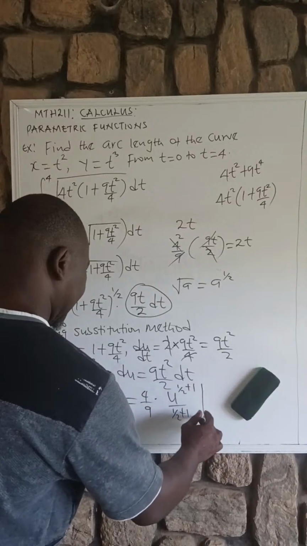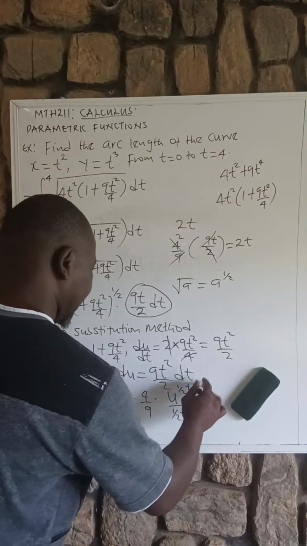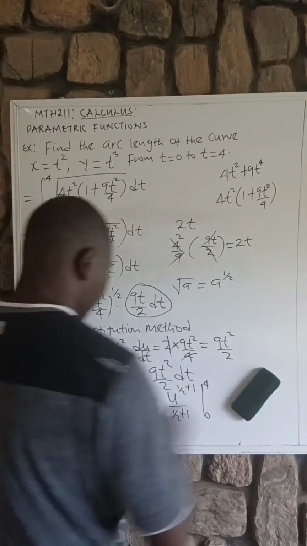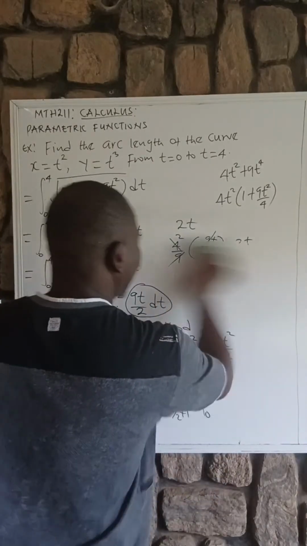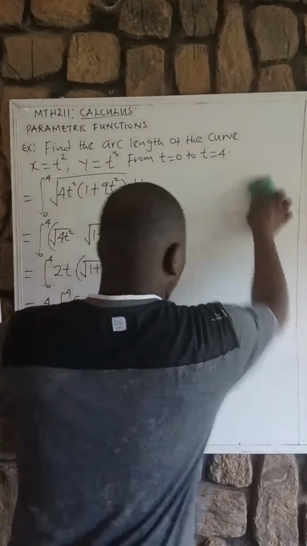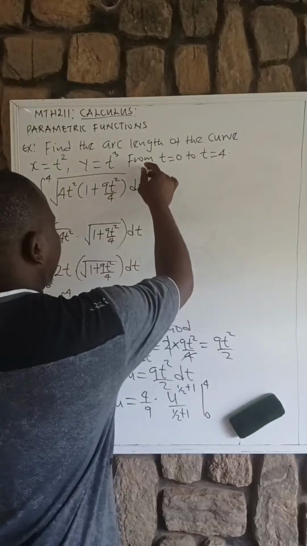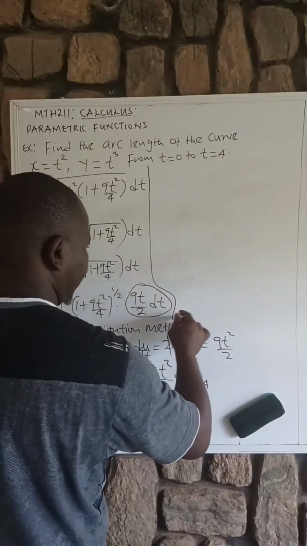Then at 0 to 4, right? Okay. So far, so good. Let me take it from here.